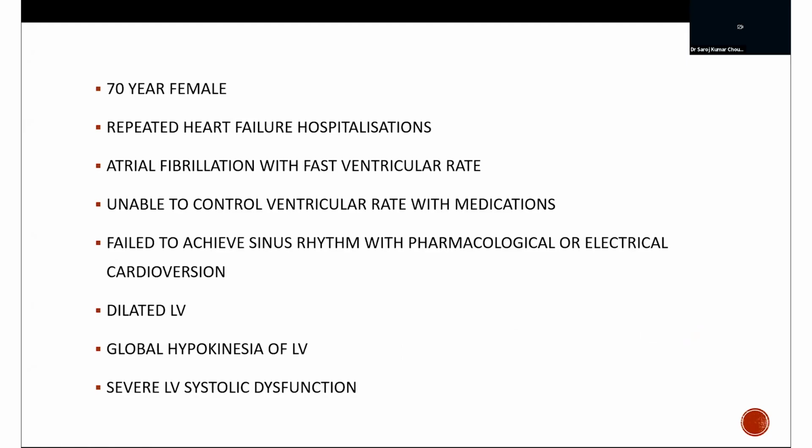She has atrial fibrillation with fast ventricular rate, which we were unable to control with medications, and we failed to achieve sinus rhythm with pharmacological or electrical cardioversion. The echo shows a dilated LV, global hypokinesia with severe LV systolic dysfunction. So we planned for an AV nodal ablation followed by left bundle branch area pacing.